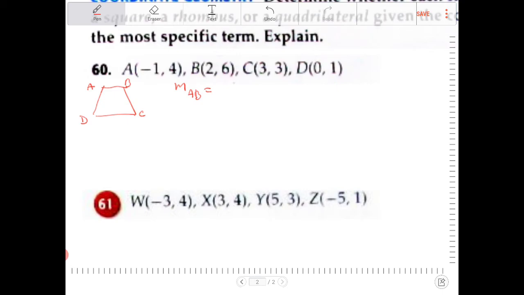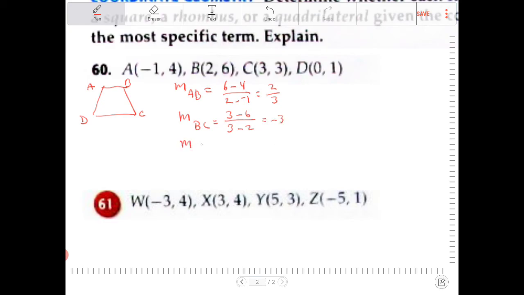Slope of AB is equal to 6 minus 4 all over 2 minus negative 1, and that is 2 over 3. I'm going to find the slope of BC. And that will be 3 minus 6 all over 3 minus 2, and that is negative 3.